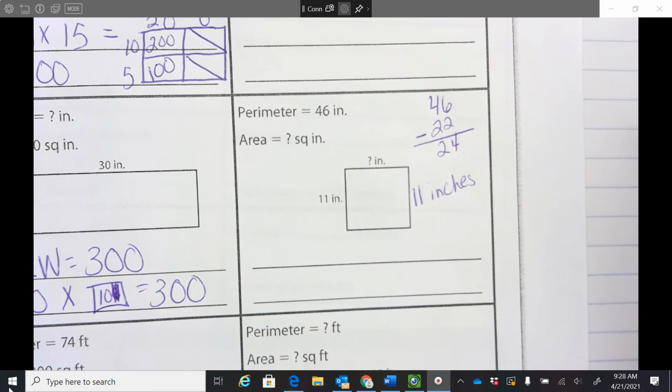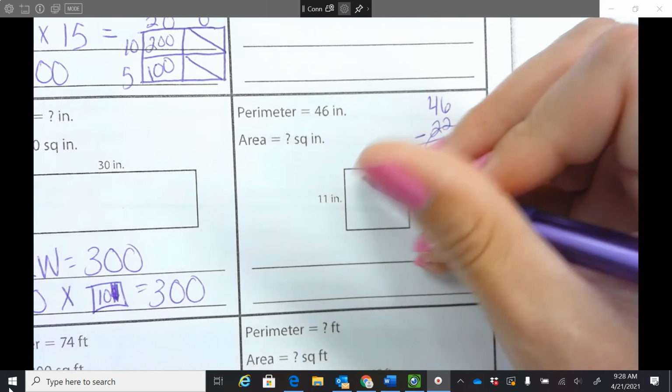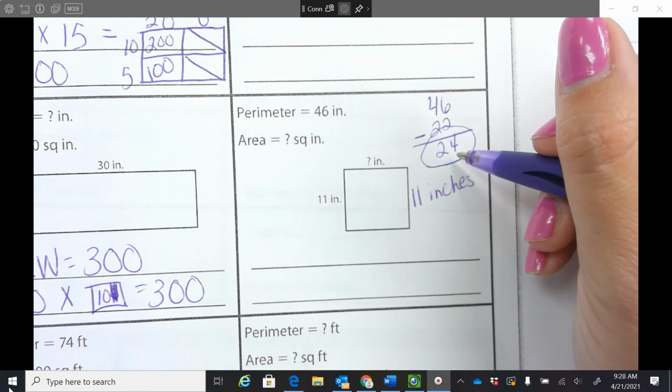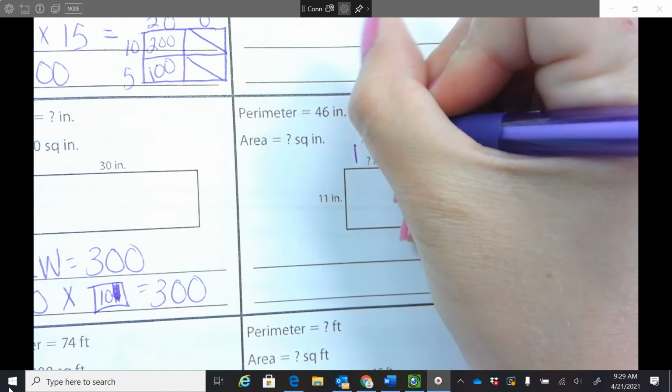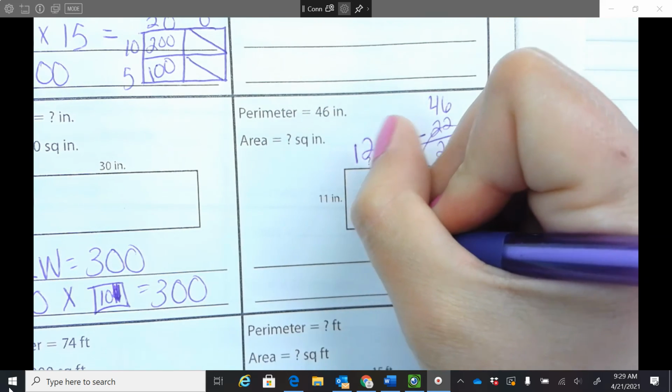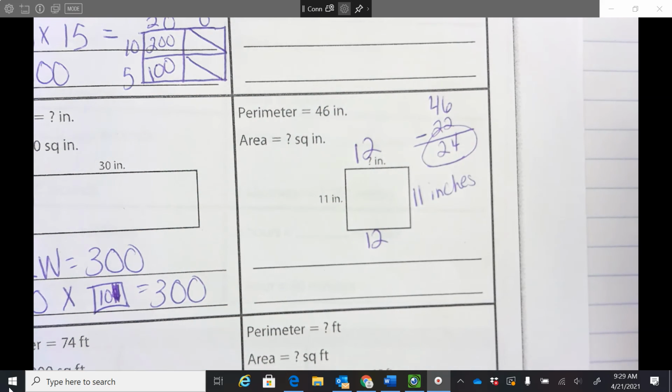Yeah, so there was a question we did a few days ago where somebody had 24 inches of ribbon left, but they had to split it amongst two sides. So that would tell us that this would be 12 and this would be 12 because we're splitting the 24 in half.